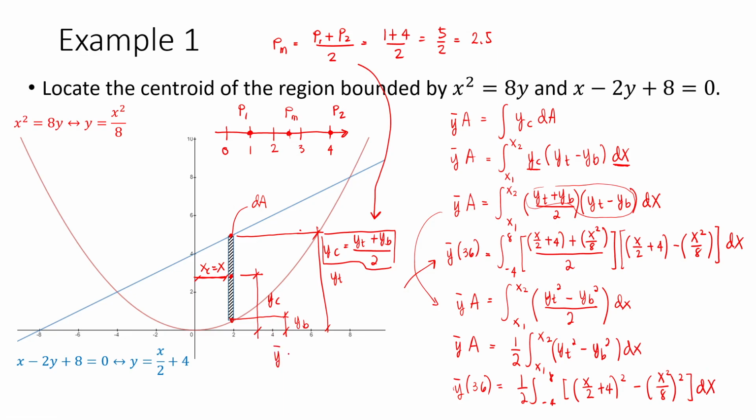So you're going to solve this one as y bar times 36 equals something, and then divide by 36 on the right side. So y bar is 3.2 units.